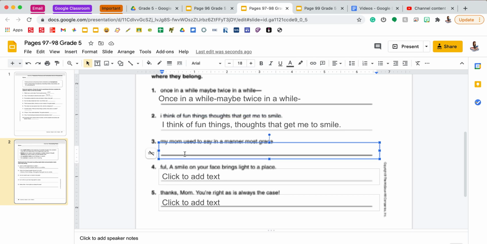Number 3 says, my mom used to say in a manner most grace. So again, I need to capitalize the beginning of my line. I also want to add a comma to show a pause between say and in. And since I don't have my complete thought yet, I need to put a hyphen at the end of the line. I would like you to try to finish this page on your own.